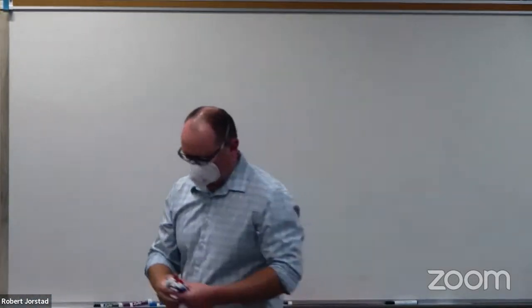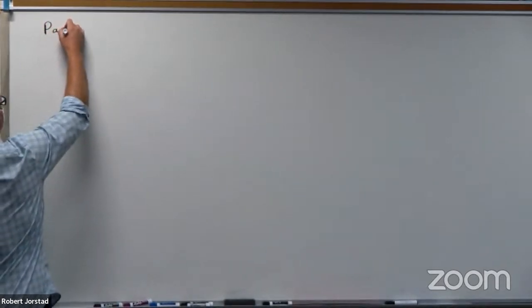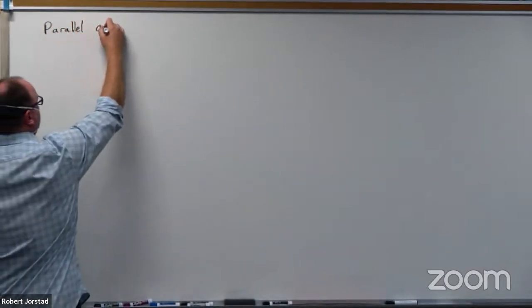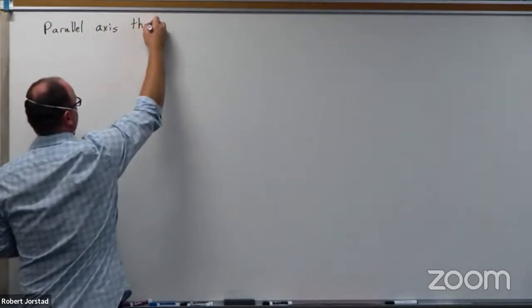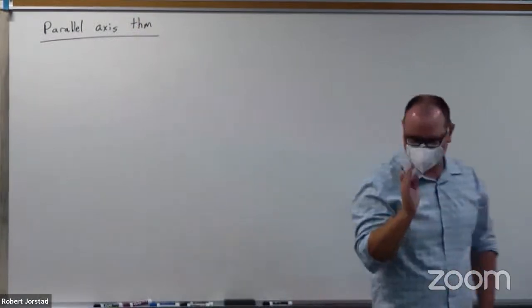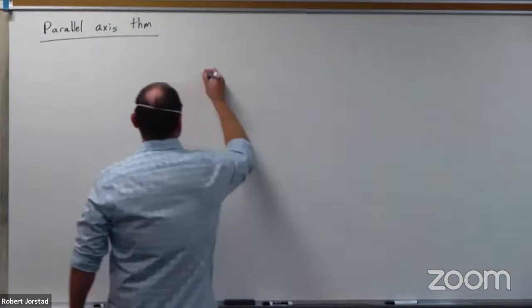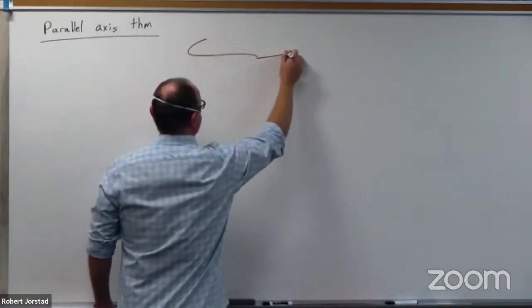Let me draw this for you. Let's say we have some point. This is used in so many problems to avoid calculus. We're going to learn this trick extremely well so we can avoid doing calculus. Let's say we have some weird plate here.